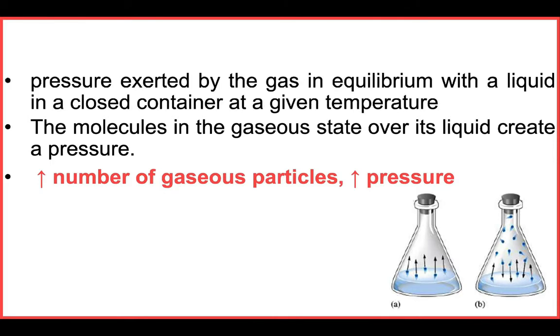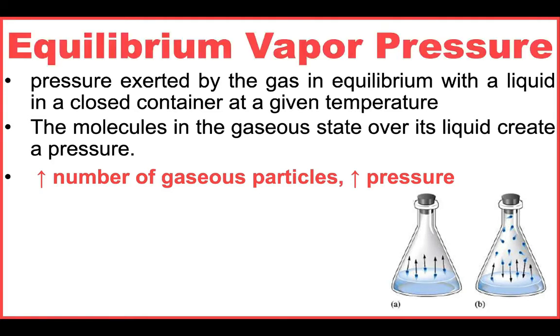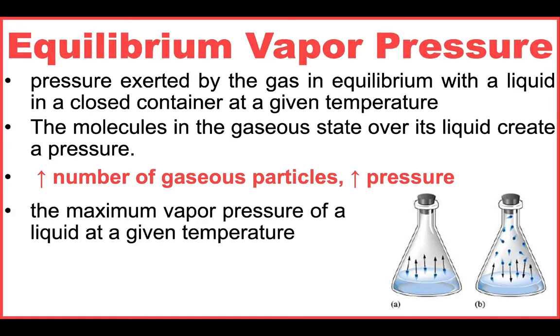Now, the pressure exerted by gas in equilibrium with the liquid in a closed container at a given temperature is called equilibrium vapor pressure, or simply vapor pressure. To make it simpler, equilibrium vapor pressure is the maximum vapor pressure of a liquid at a given temperature, and it is constant at a constant temperature. With that, you have to remember that it increases with temperature.